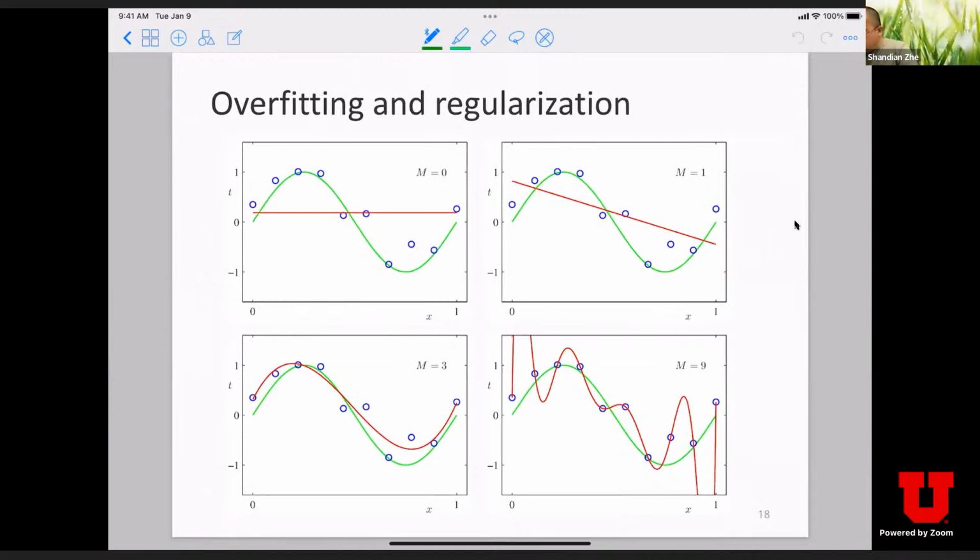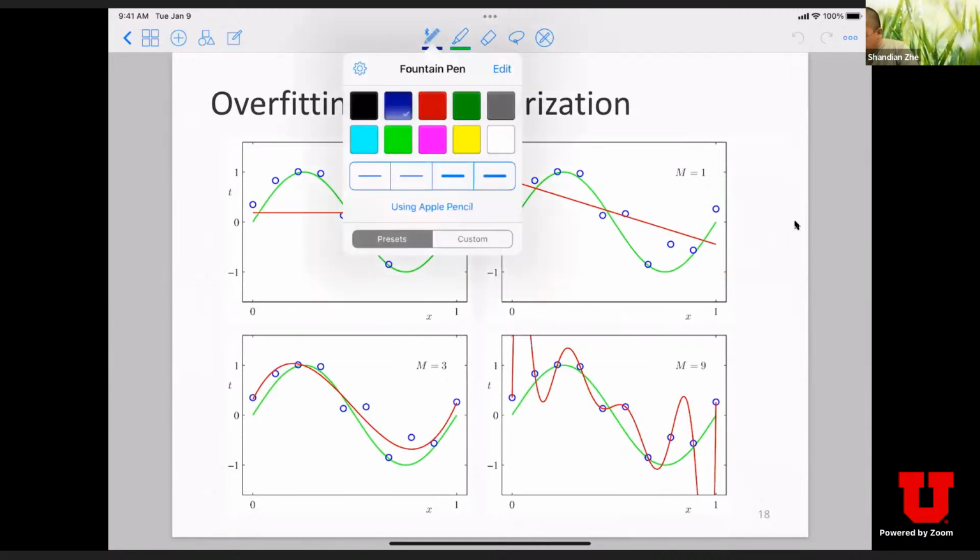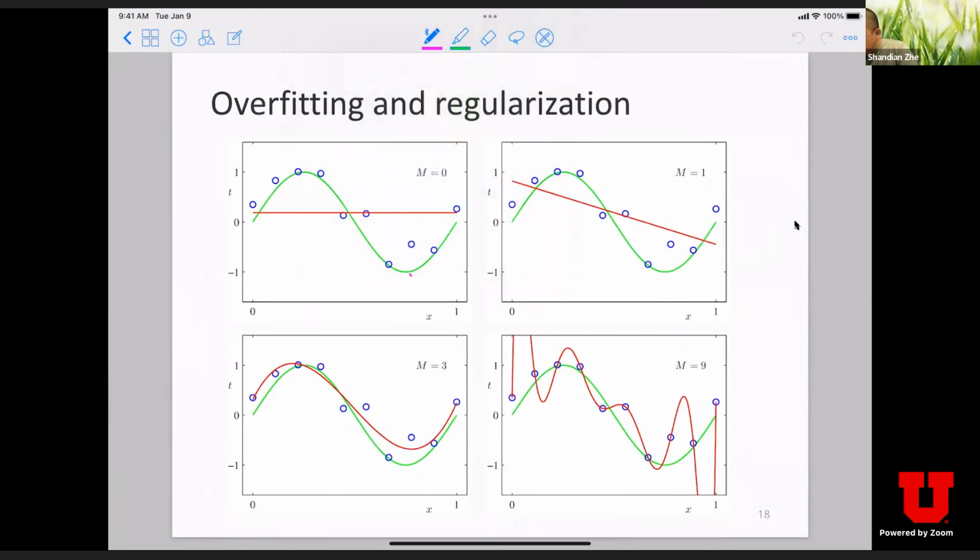So here, let me use this one. The green curve represents the ground truth function, which is a sine function. Those blue circles are the training data. Of course, the training data has been corrupted by some noise.